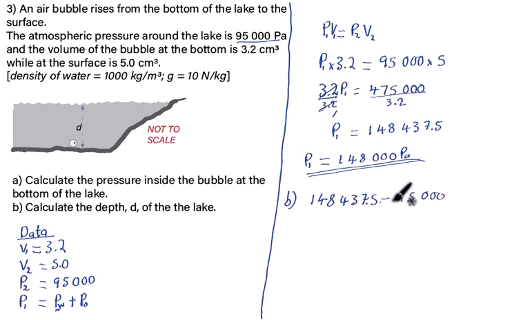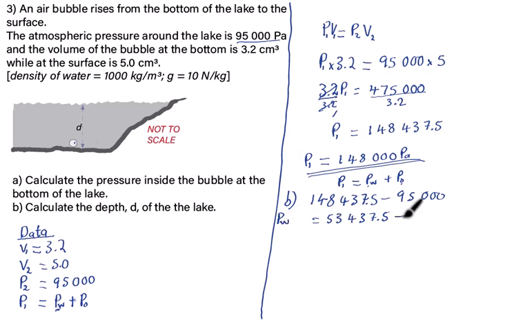So P1 is equal to P water plus P naught. To find this, we subtract P naught from P1, and what do we get? 53,437.5.